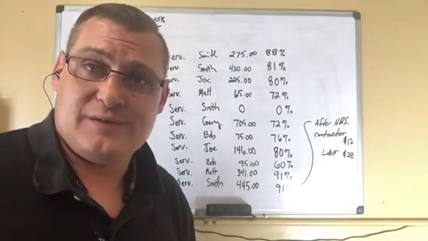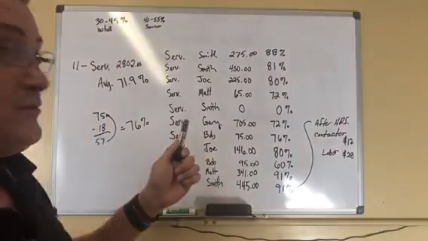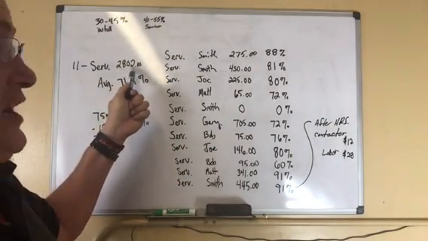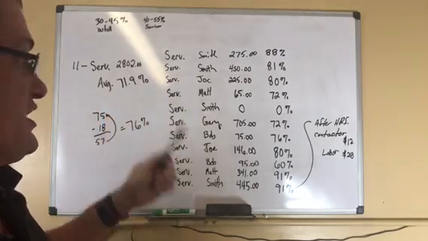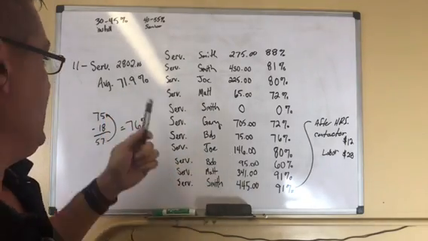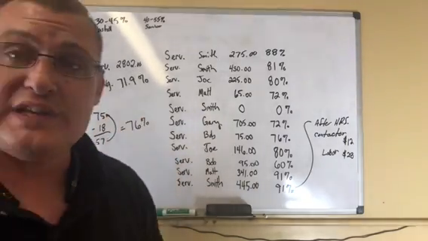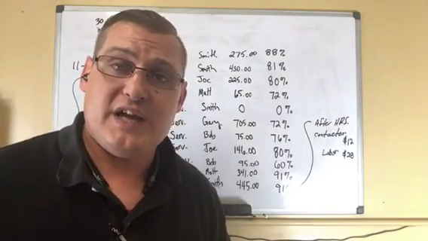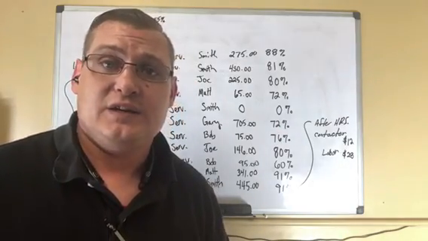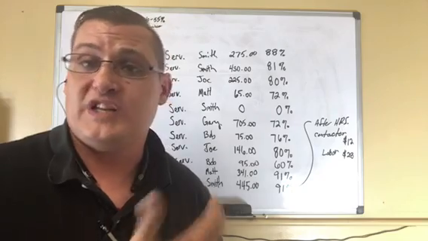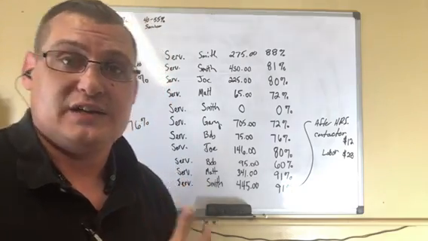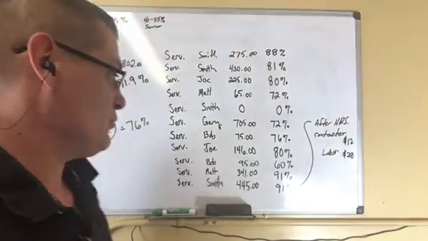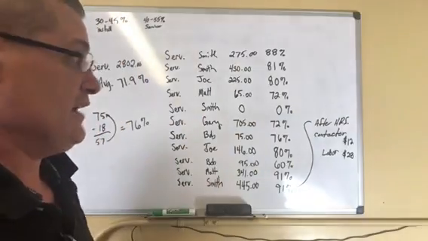And then all of a sudden you're just not making money. So for all of this, you can see we did $2,800 in service that day, which is a really good service day, and we averaged 71%, so we were golden. If our overhead's 50%, which ours currently is at the time of doing this video, we just made 21% today. Well, 21% at 2,800, I'll take that. I'm really happy with that.